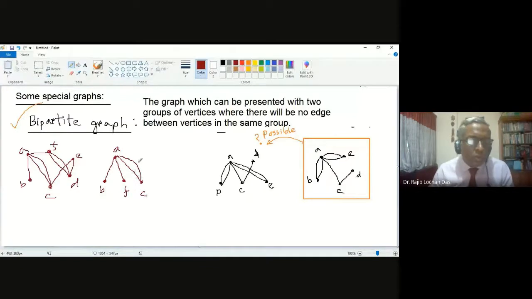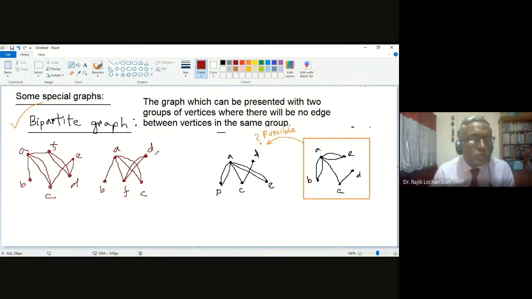Now you go on. About B, do you have any other connection? No, B has no connection. Fine. About F, what are the connections? One is with A, another is with D. So you put D in the other side, and how many connections? FD 2, so use 2 connections.